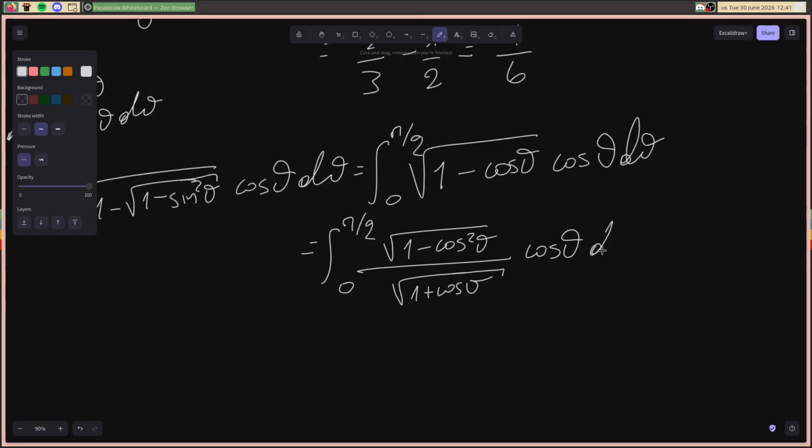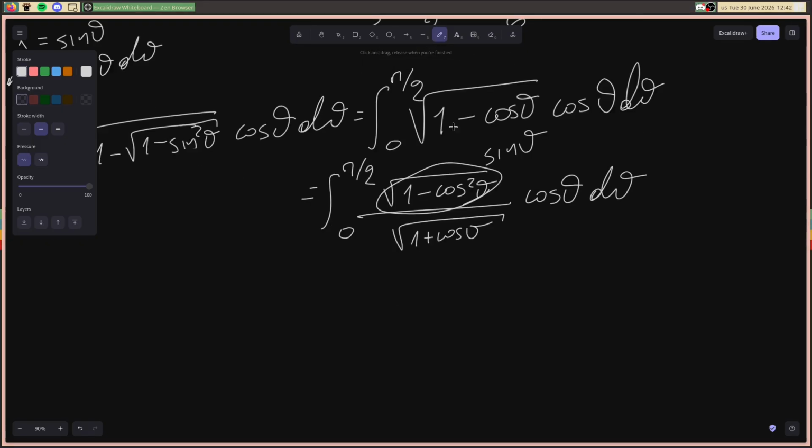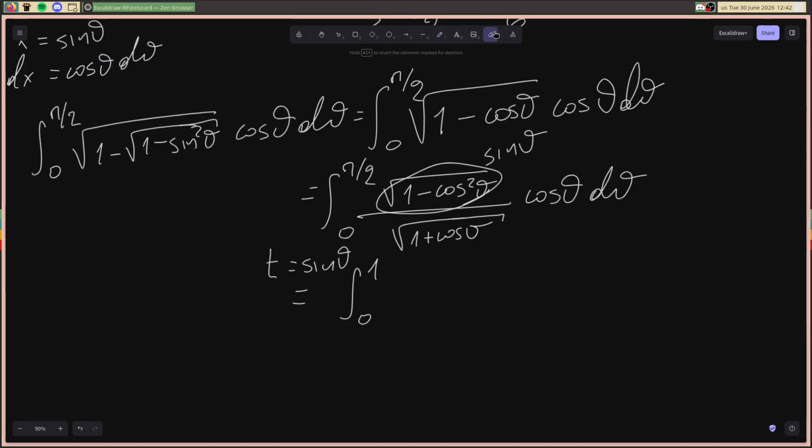It gives us this. Now this is just sine of theta, which means we can do a change of variable and let t equal sine of theta. Then we get the integral from 0 to 1. And, no, we let t equal cosine theta, my bad.